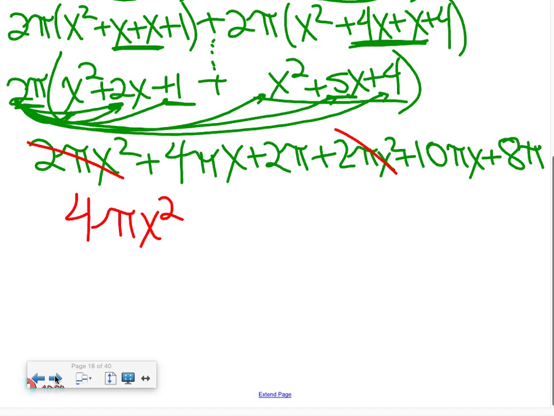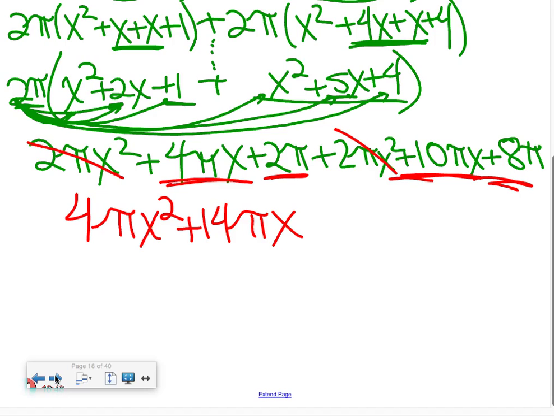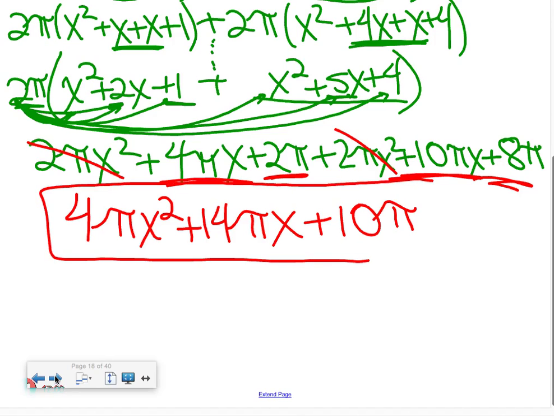We then have 4 pi x that is going to go with this 10 pi x, which altogether is going to give us 14 pi x. And then we have our 2 pi's and our 8 pi's, so altogether we have 10 pi's. That is our final answer. We don't want to simplify it anymore, so that is what we're going to leave it as.